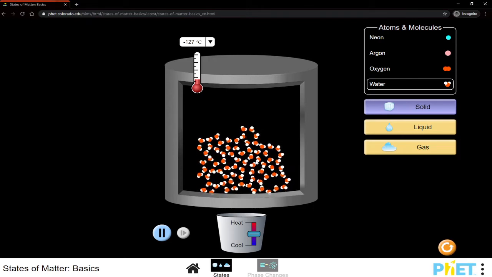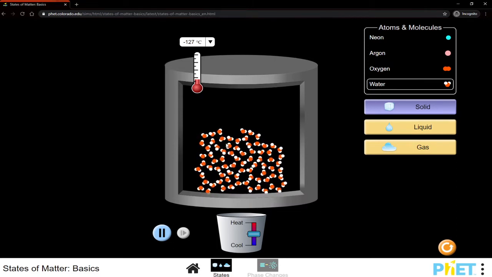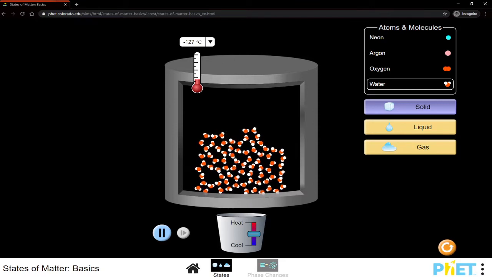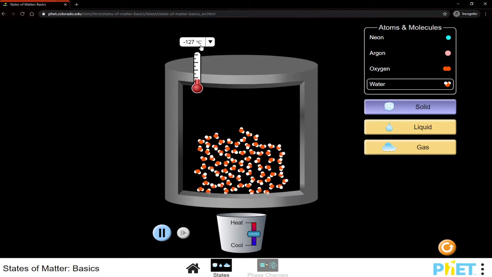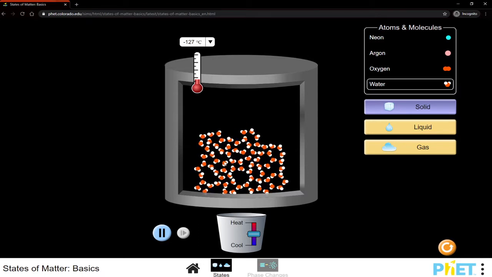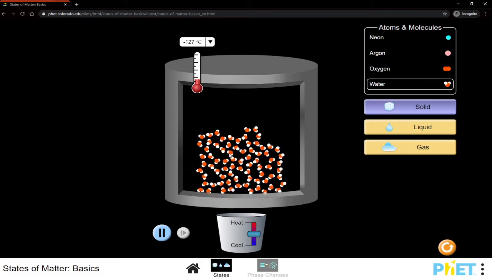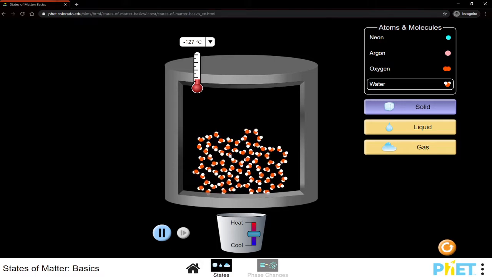They're not these fixed in space points, right? Each of these little red and white spheres, these groups of 3 atoms, are a water molecule, but they're still shimmying around quite a bit, right? Even at negative 127 degrees Celsius. So there is still a lot of this rattling in the solid lattice structure.